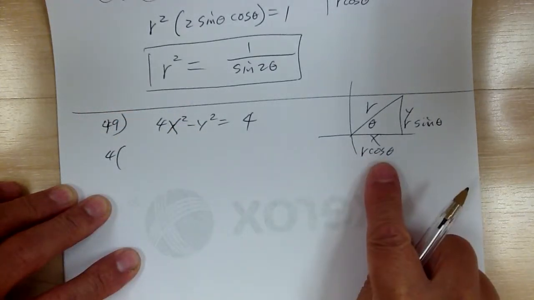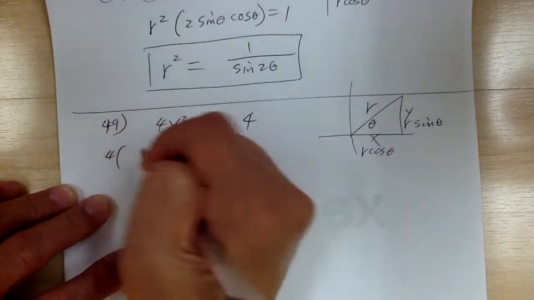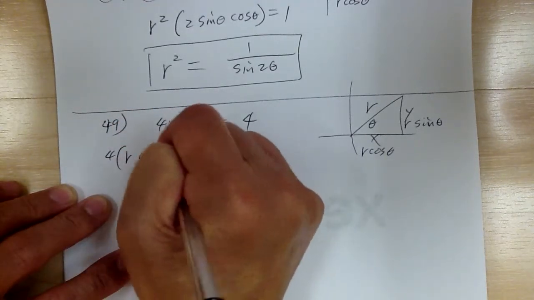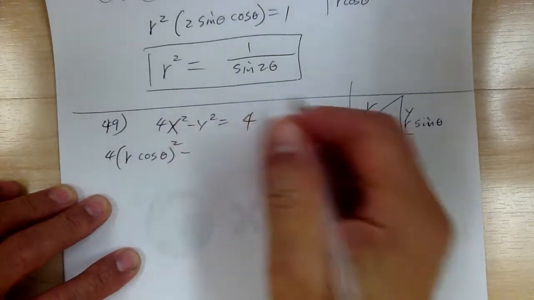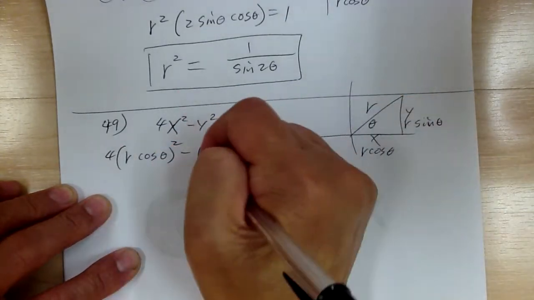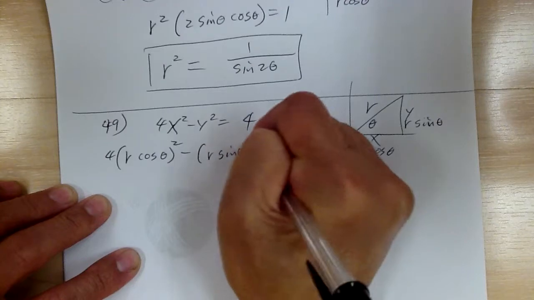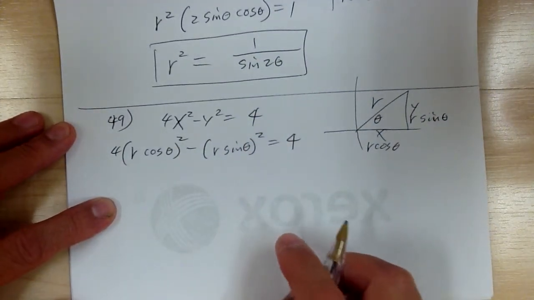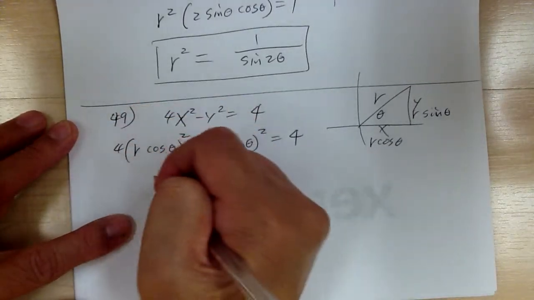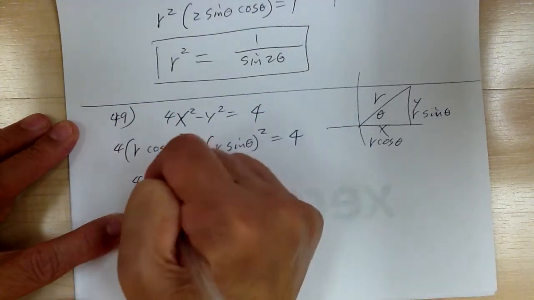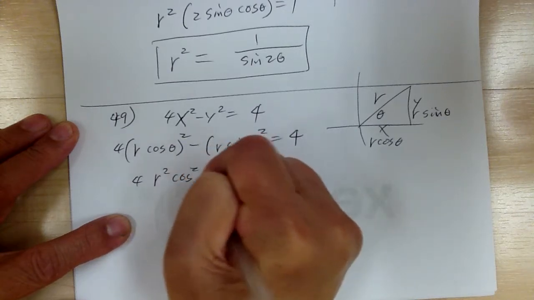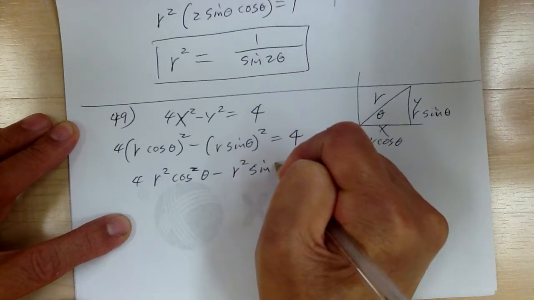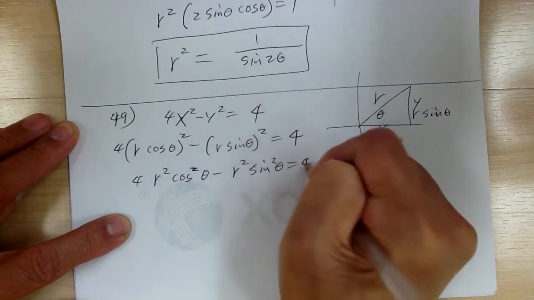So you get 4 times r cosine theta squared, minus r sine theta squared. Now multiply everything out, and you get 4r squared cosine squared theta minus r squared sine squared theta equal to 4.